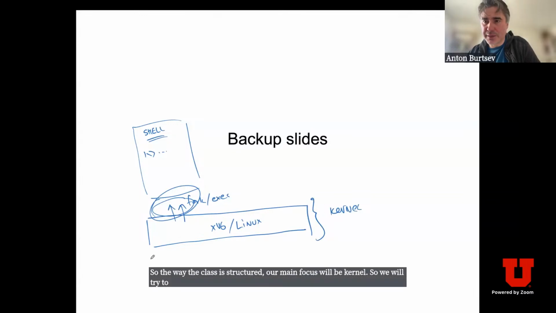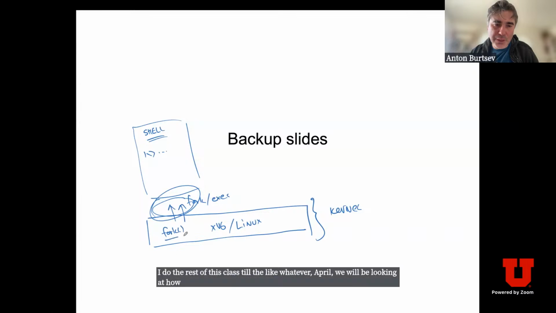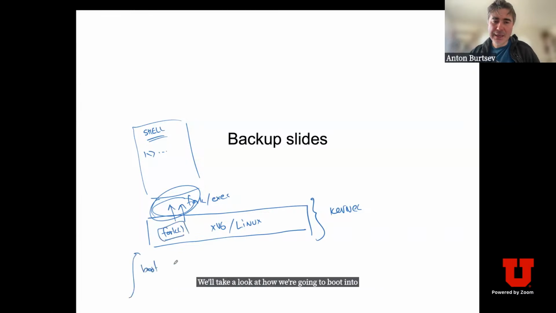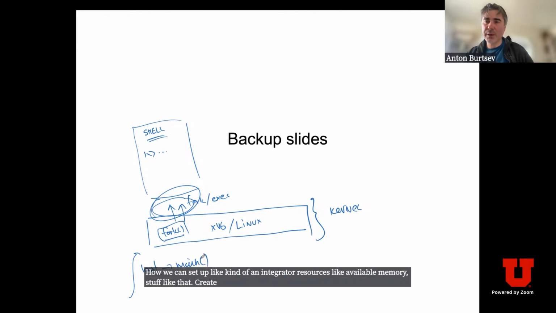We know how the interface should look. For the rest of this class, until April, we will be looking at how those system calls are implemented. We'll take a look at how we boot into the kernel, how we get to main, how we enumerate all resources like available memory, and create a tiny virtual memory allocator.